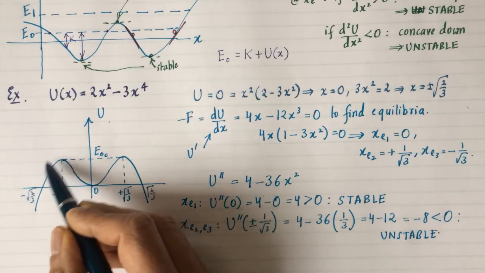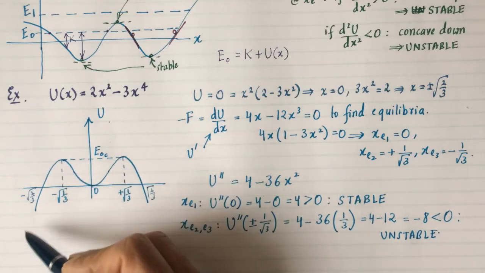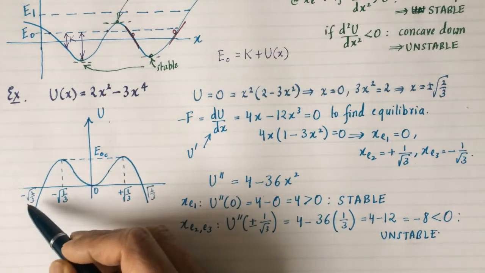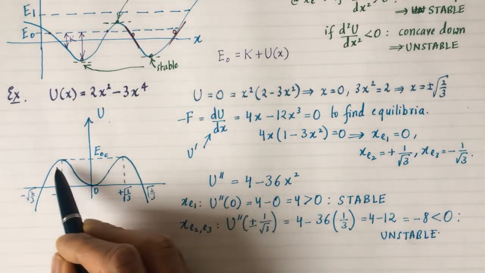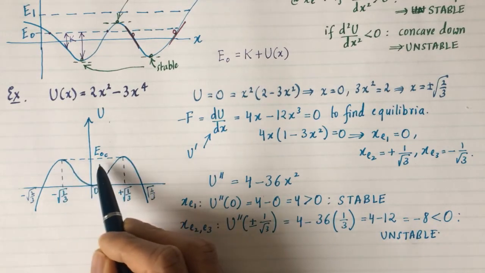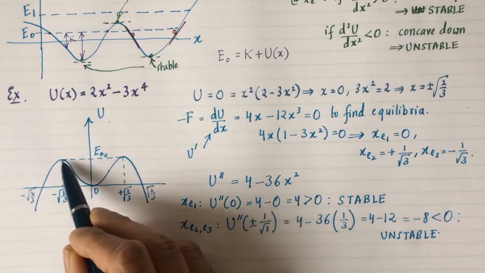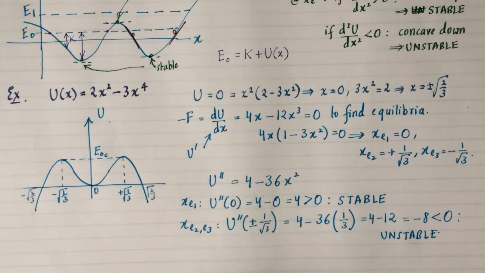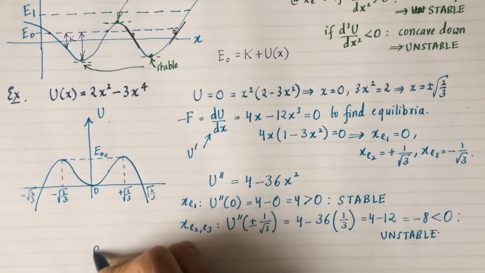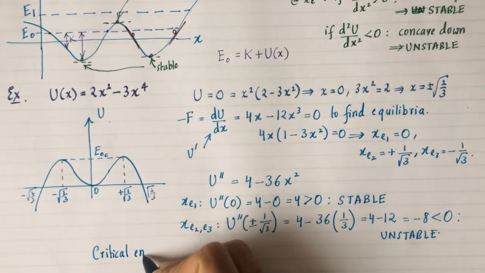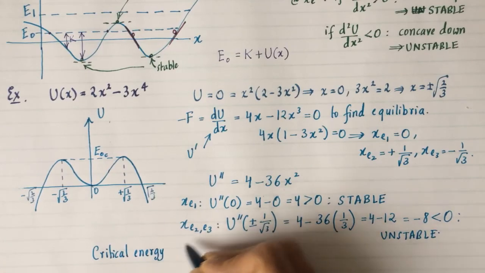If it goes beyond that, the particle is lost forever, because it's going to slip off to either minus infinity or positive infinity. If you want it to remain trapped between negative 1 over root 3 and positive 1 over root 3, you need to have an energy that's no bigger than that. So let's find out the critical energy for stable oscillations.